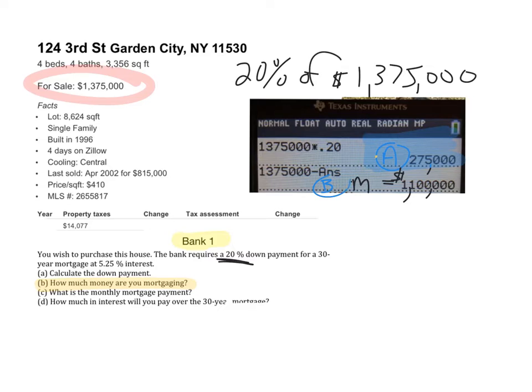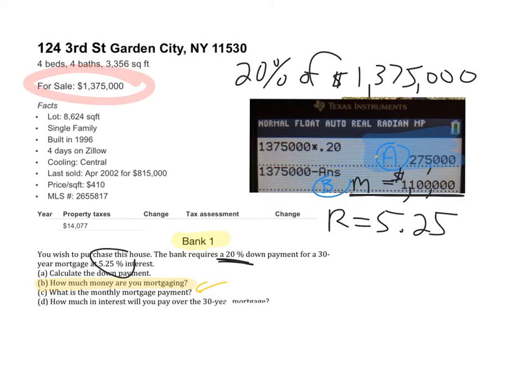We have to now calculate what the monthly payment is going to be. So we're going to be using that mortgage formula that hopefully you have stored on your calculator. The three variables that you need is your M value, so that's that 1.1 million value. For Bank 1, the interest rate is 5.25%.